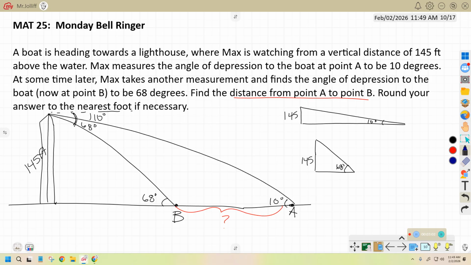If I can find this distance and this distance, what do I do with those distances to figure out from A to B? You'll need tangent to find those numbers. What do I do with those answers to find that number? Subtract them. Good. So I'm going to give you a couple of minutes to set up your tan fractions and calculate those distances, D1, D2, then find the distance from A to B.